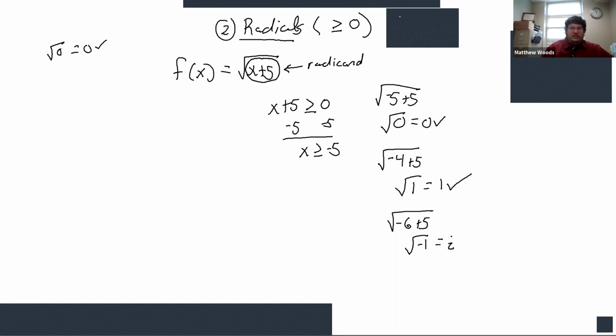Now, what happens when we have something like this? X squared minus 2. Well, again, we got a square root sign, so we know that the radicands cannot be negative. So I'm going to do x squared minus 2 greater than or equal to 0. Let's add 2 to both sides.